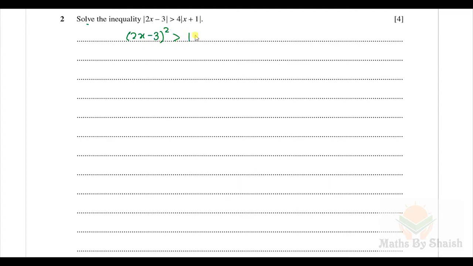So we'll get 4 times (2x minus 3) whole square here, or if you open it, we'll get 4x square, 3 2s are 6, 2s are 12, so minus 12x plus 9, greater than 16 into (x plus 1) whole square, and (x plus 1) whole square is going to be x square plus 2x plus 1. So it would be 16x square plus 32x plus 16.